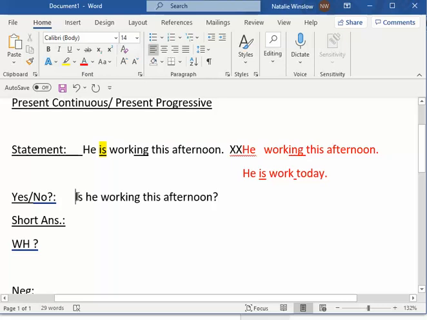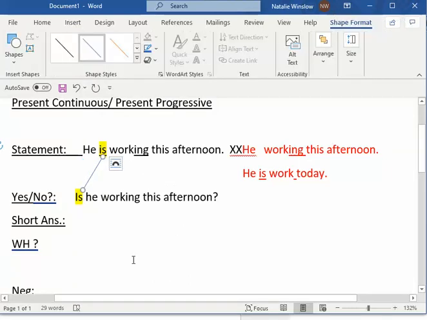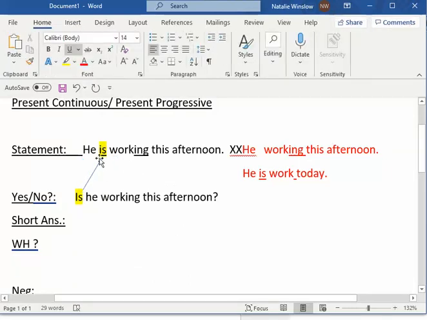So just like with the present progressive, you have to change the order of the words. So I am going to insert a line again. And there you go. All right, so the be verb moves up to the front to ask the yes-no question.